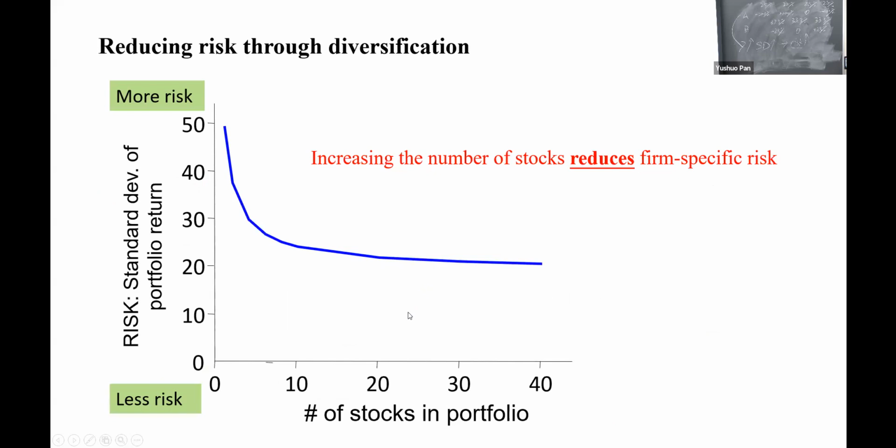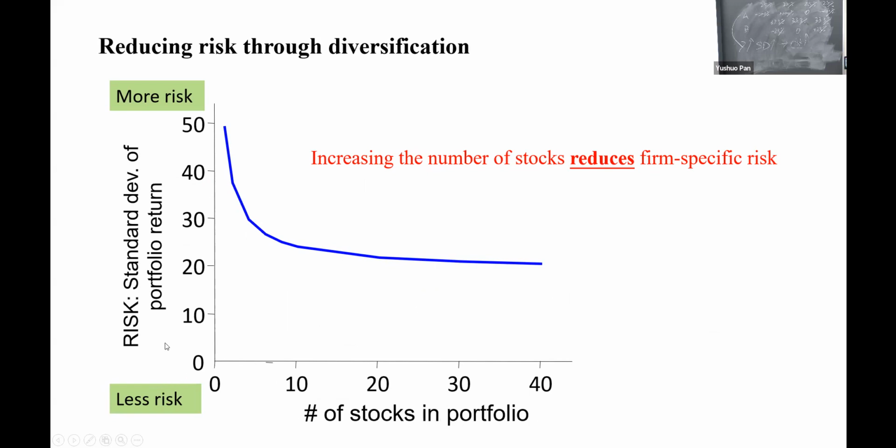The next part is reducing risk through diversification. When we increase the number of stocks, we reduce firm-specific risk, which is the definition of diversification, right? You can see the number of stocks in the portfolio.